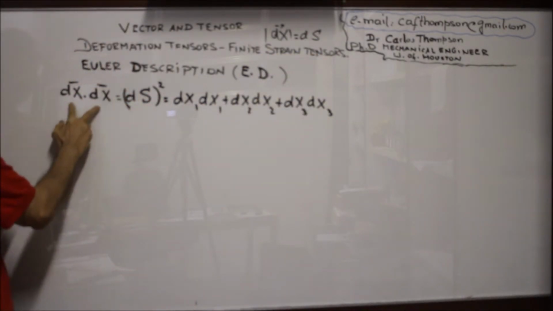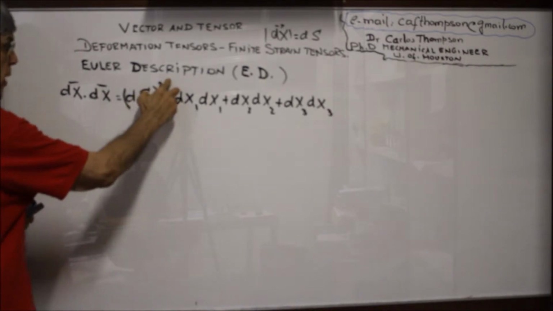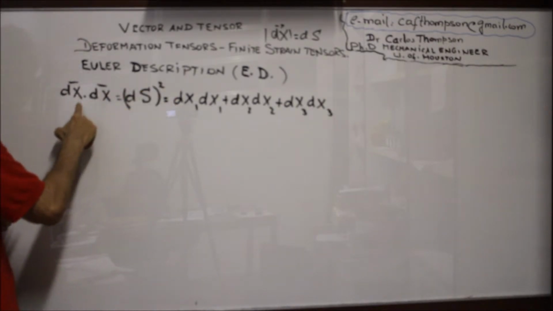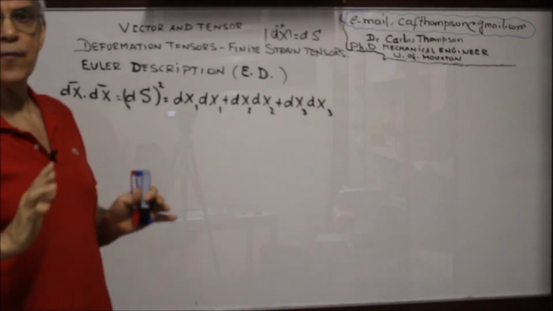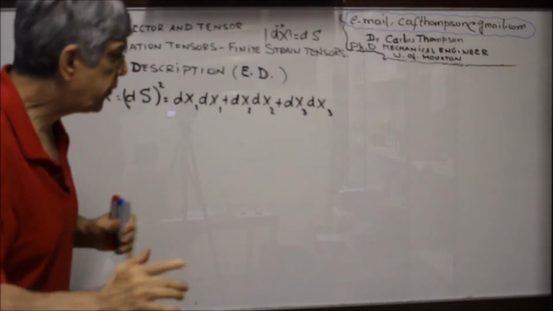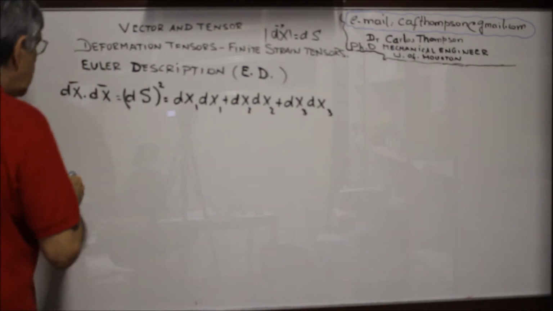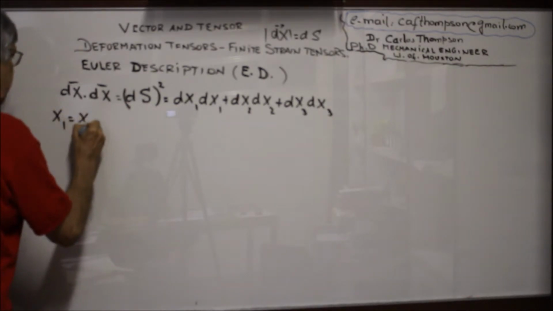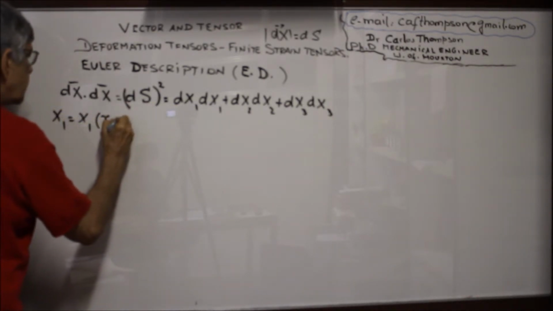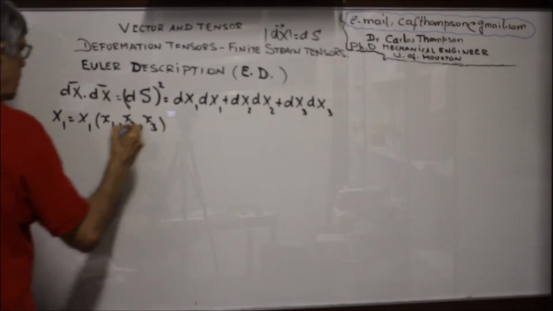Now we start with the dot product, dx dot dx. This is ds squared. Now dX, capital X, is related to the undeformed or reference configuration. There's a scalar product. Now you have to remember that x1 is a function of X1, X2, X3.